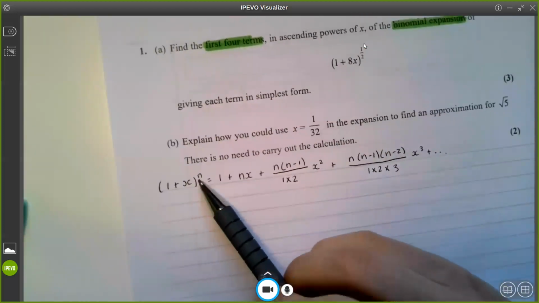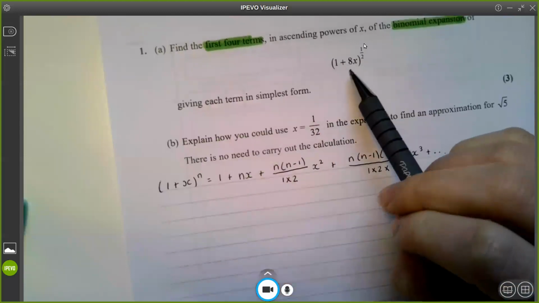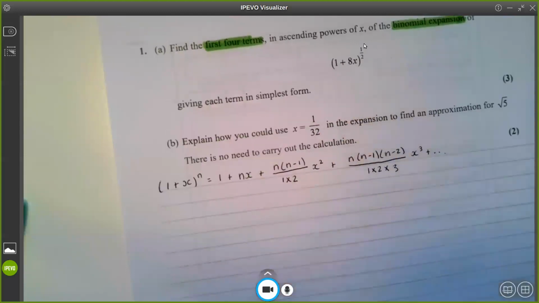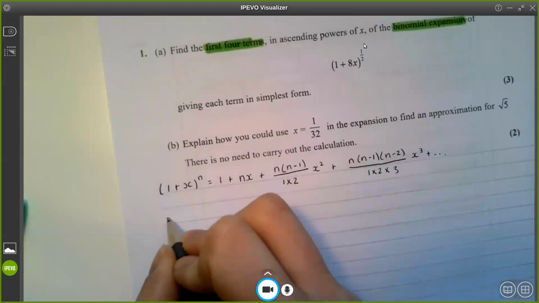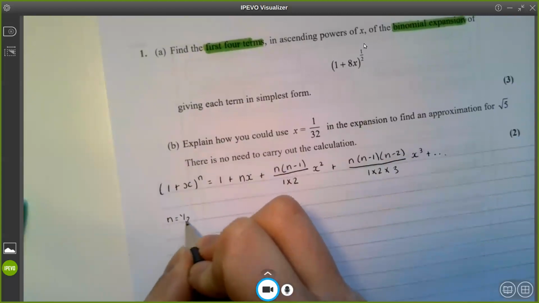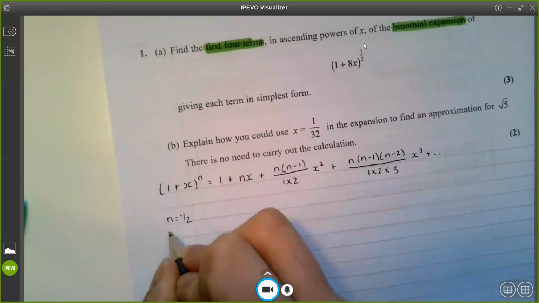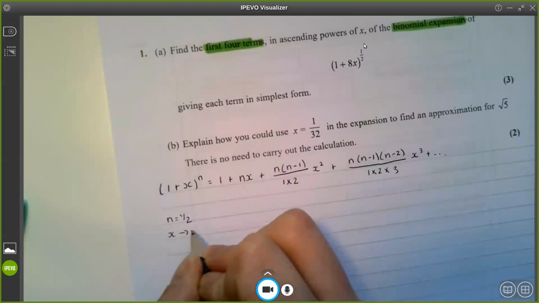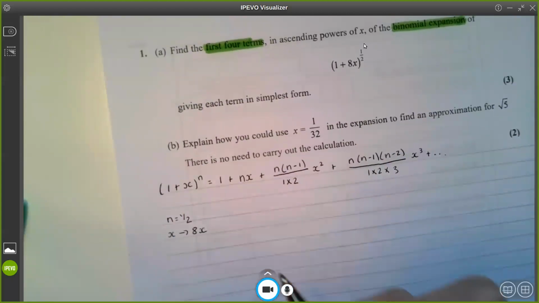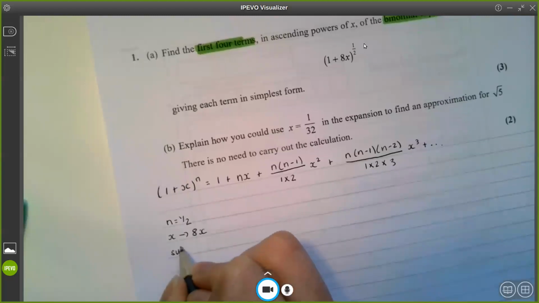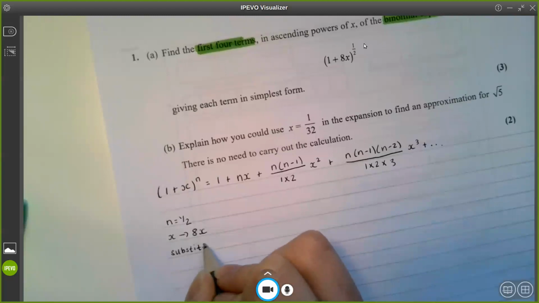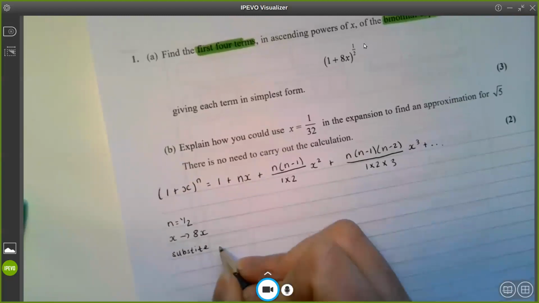So (1 + x)^n is similar but a bit different to (1 + 8x)^(1/2). I know that I need n as a half, and instead of x, I'm going to use 8x. So I'm going to substitute this into my formula.